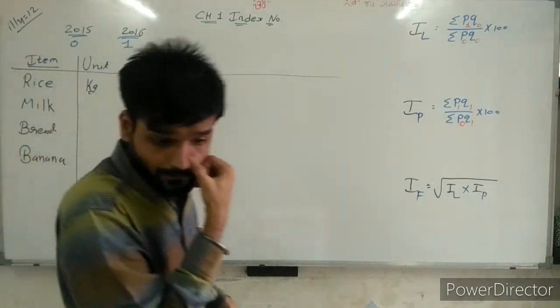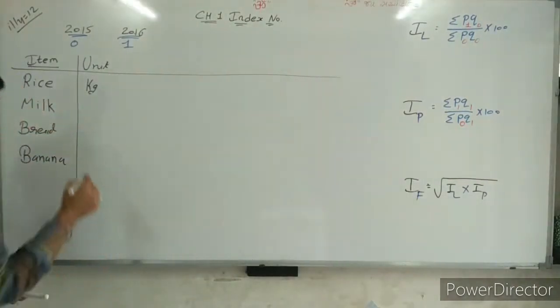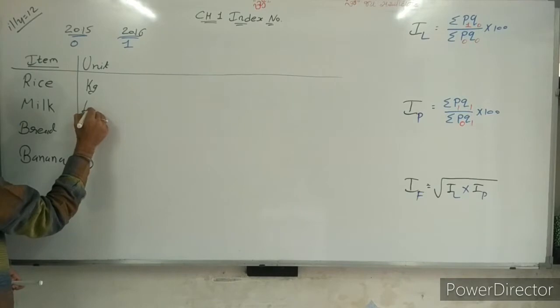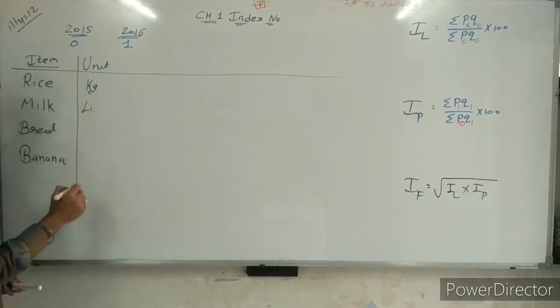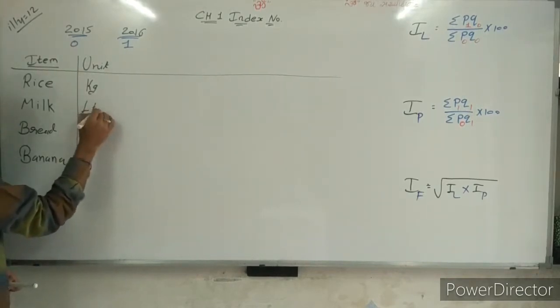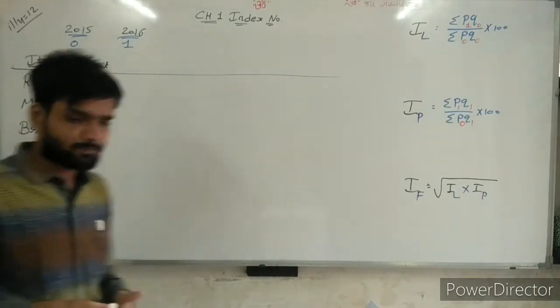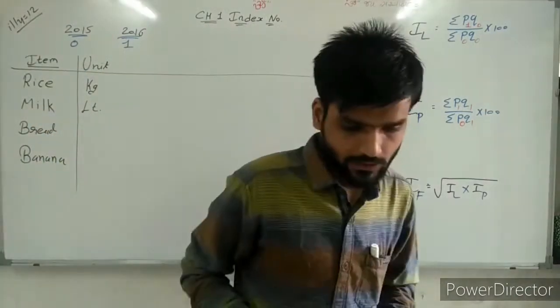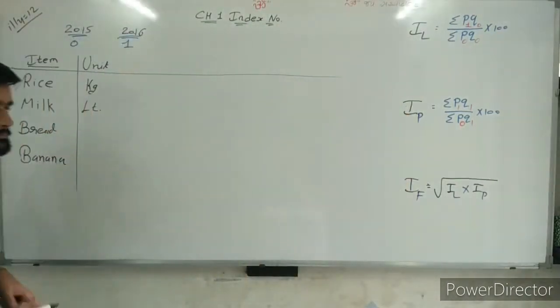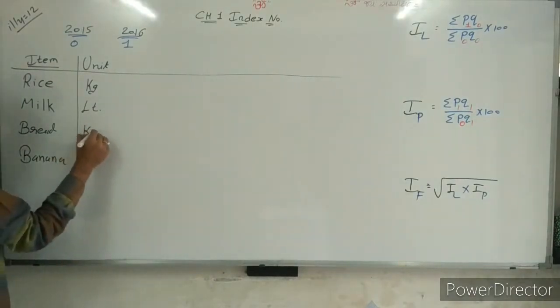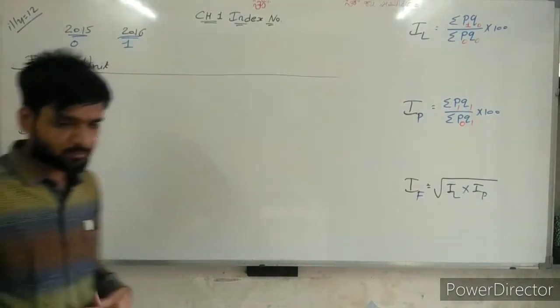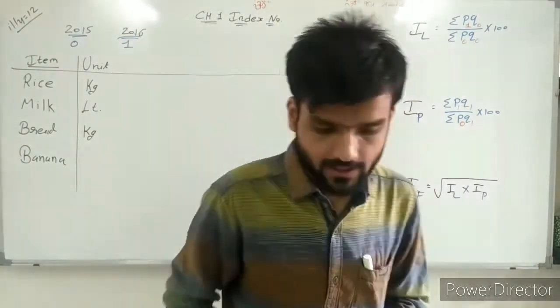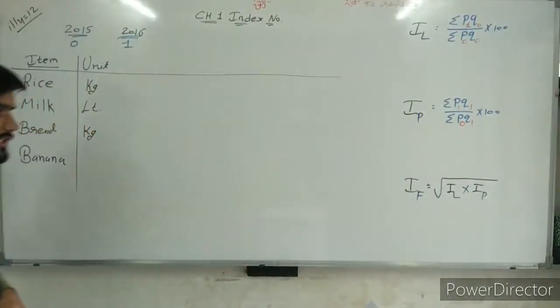For milk, liter. For bread, kilogram. For banana, dozen is given.